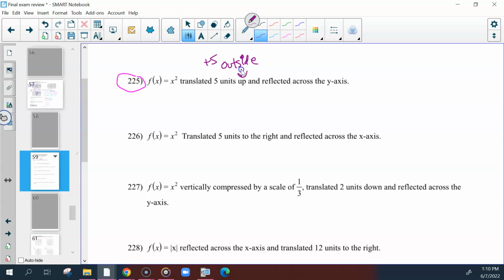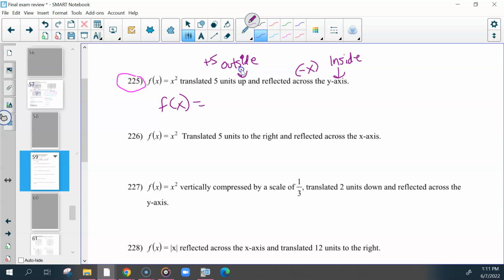Reflected across the y-axis, if this is my y-axis, it's going like this around it. This is a horizontal transformation, so that has to be inside. And that means there's going to be a negative on the inside. So now that we have that for both of these, we can write our equation, starting with f of x equals, this outside is going to go with the back.